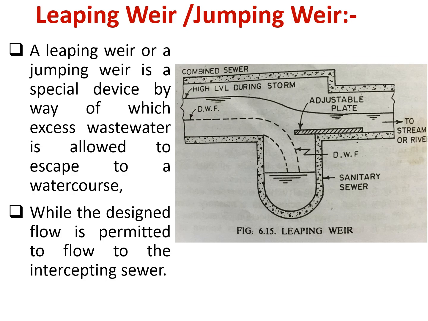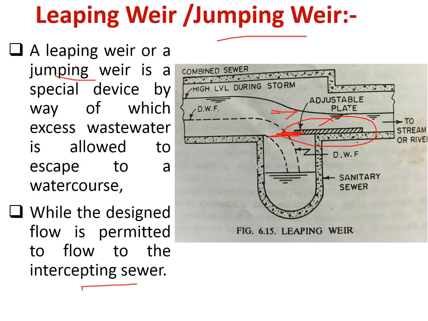Next is lipping weir or jumping weir. A lipping weir or jumping weir is a special device by which excess wastewater is allowed to escape to a water course. In this figure it is provided with an adjustable plate. By adjusting this plate you can control the flow of water in this particular sanitary sewer, and excess water will flow to a nearby river or stream, while the design flow is permitted to flow into the intercepting sewer.